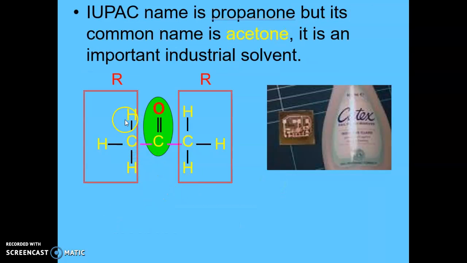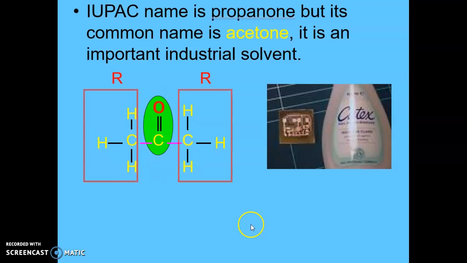Here you have the acetone that is sold at the pharmacies. The corresponding IUPAC name is propanone. Prop because of the 3 atoms of carbon, and -one because it's a ketone.